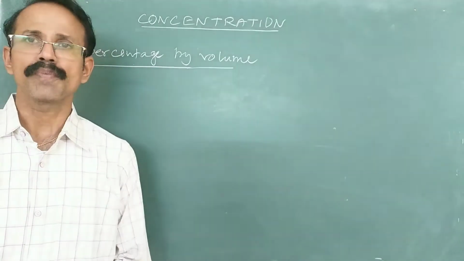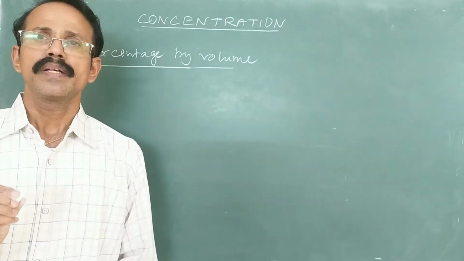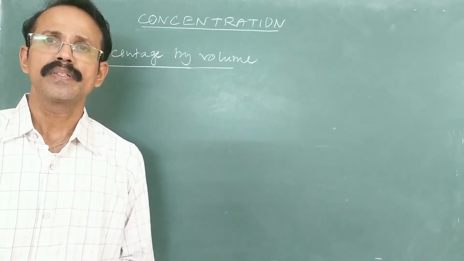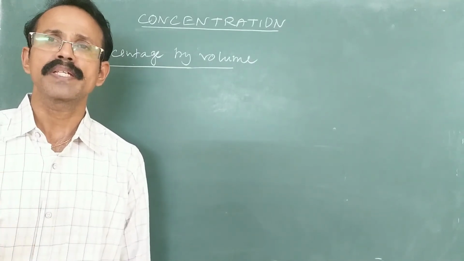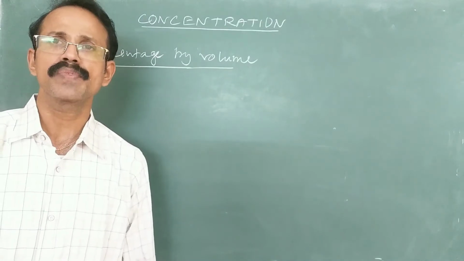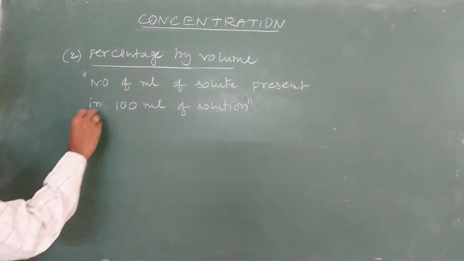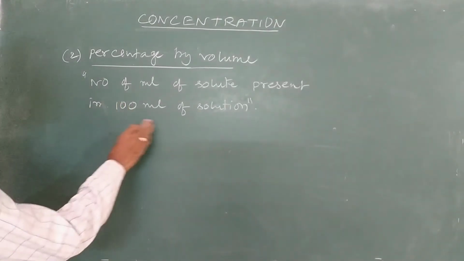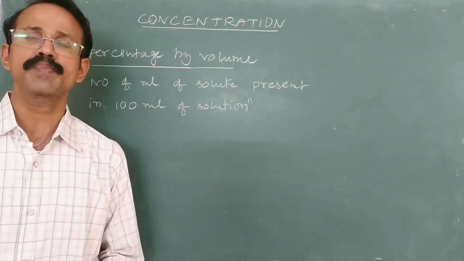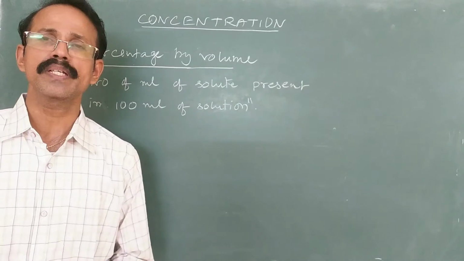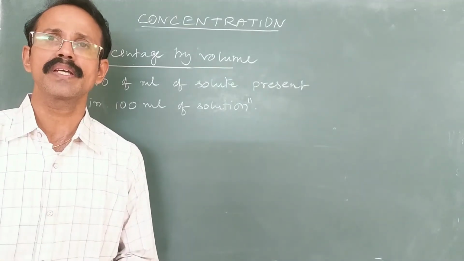Percentage by volume. It is the number of milliliters of solute present in 100 milliliters of the solution. This is usually expressed when both the components, solute and solvent, are present in liquid state.